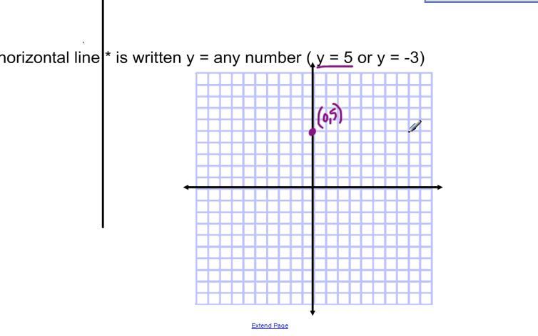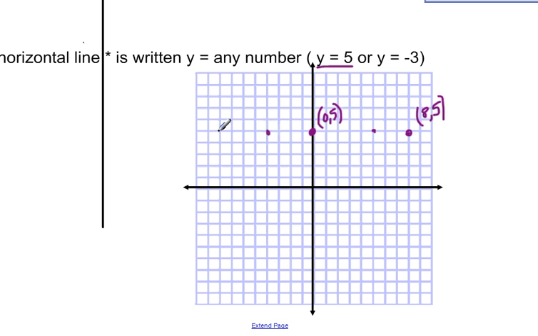But this isn't the only place on this graph where y equals 5. What about this point all the way over here? How would I get to this point? Well, 1, 2, 3, 4, 5, 6, 7, 8. I moved 8 to the right, and then I went up 5. Y equals 5 here as well, y equals 5 here, y equals 5 here.